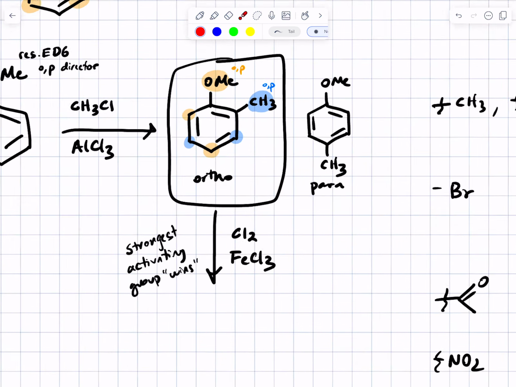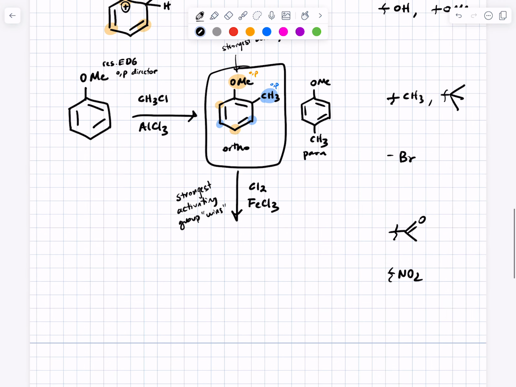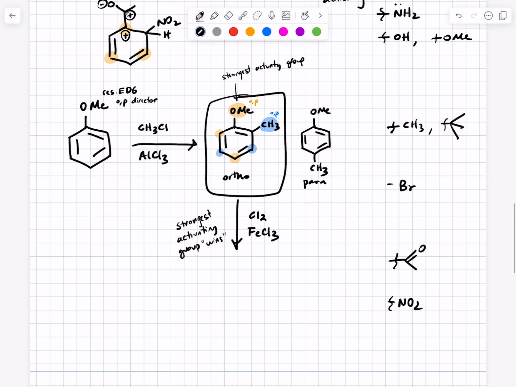So we would say here that the methoxy group is the strongest activating group. And therefore, in our products, we're going to show only the ortho-para preference of the methoxy group. In other words, we're going to leave the methyl group alone.